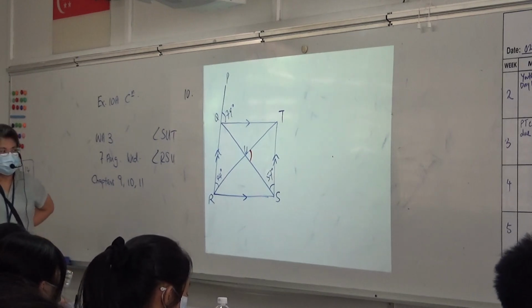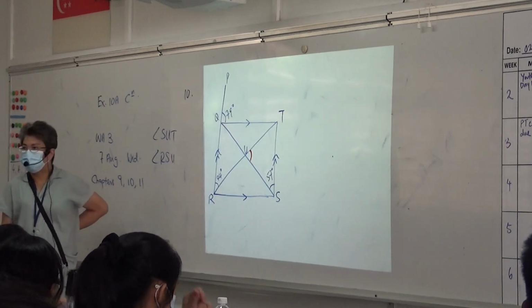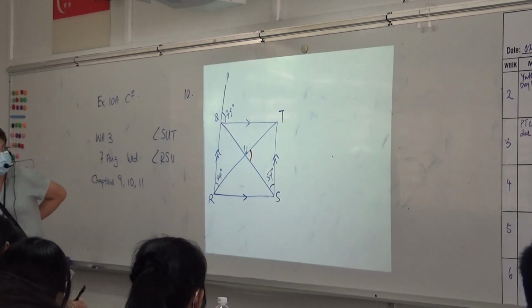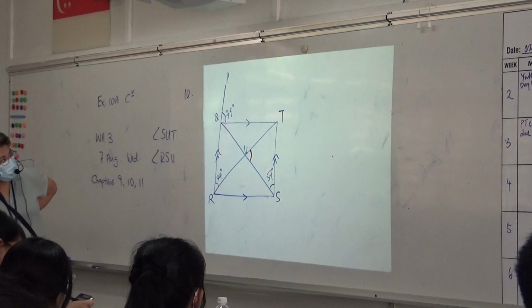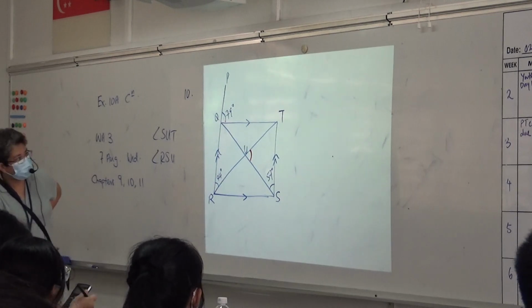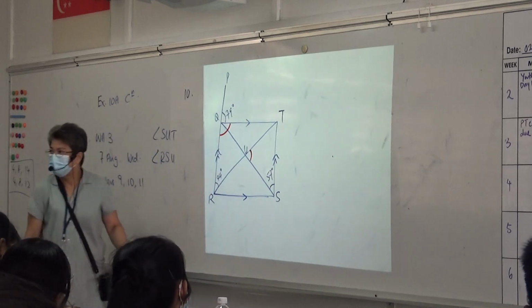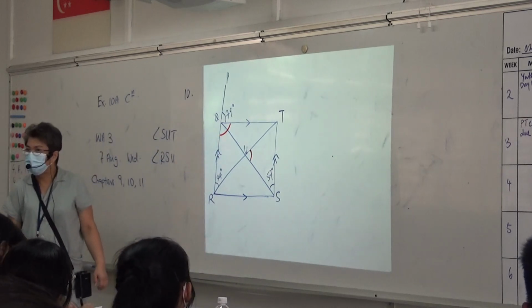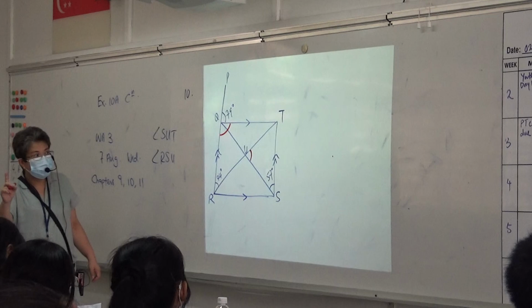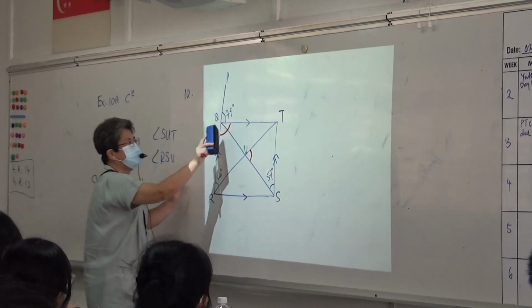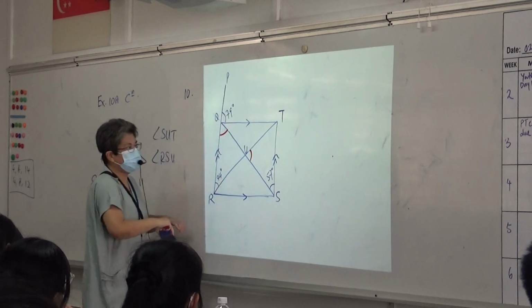Alright, what would you suggest to do? Find which one first? Yes, Dostan? RQT. Okay. You want to find this angle first? RQS. Okay. Just a minute now. Let's take a look at what is RQS.